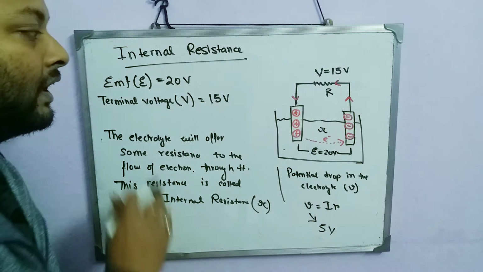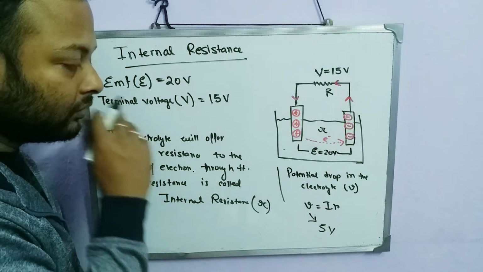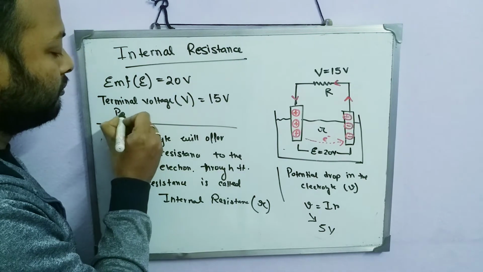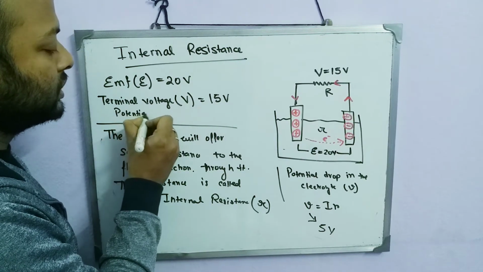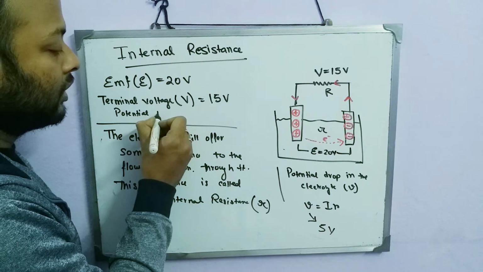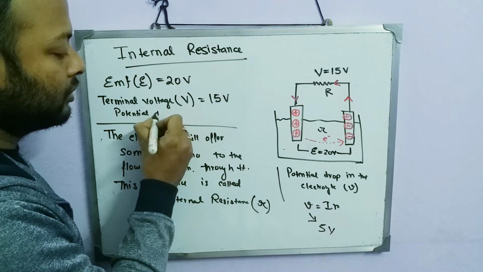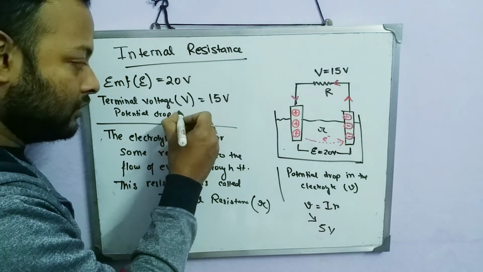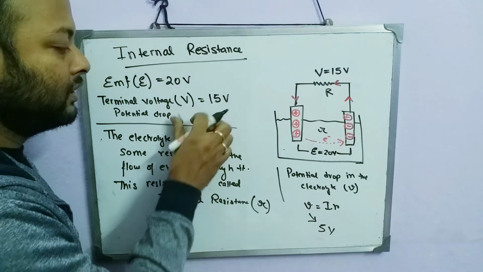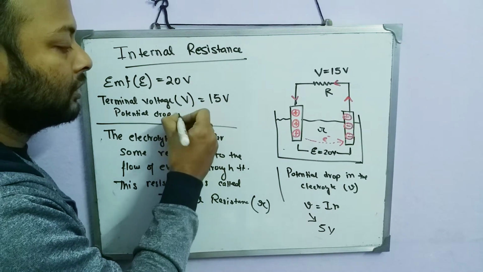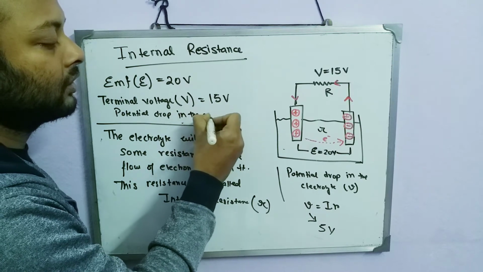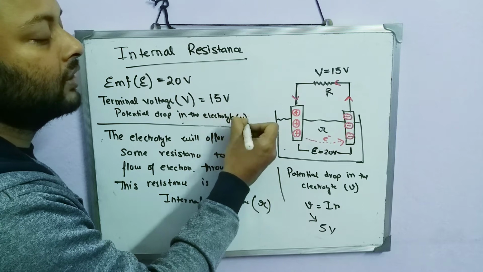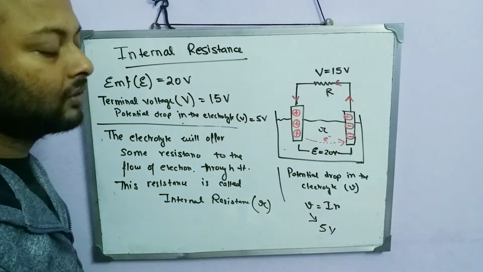Now we got the entire exact calculation. So now you can see the potential drop in the electrolyte, which is small v, is equal to 5 volt.